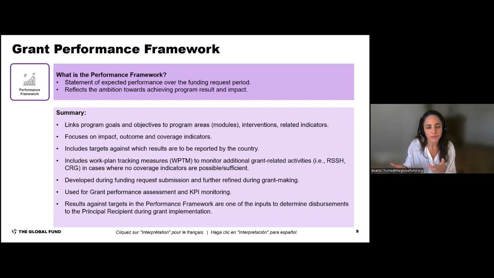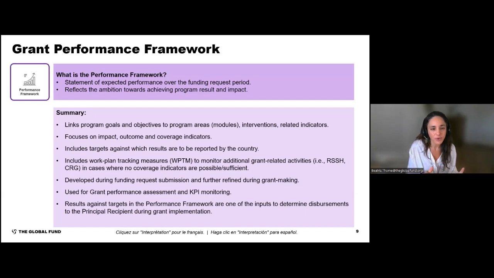But over time, we've seen them being used for other more disease-specific activities as well, in particular when there are no sufficient coverage indicators for us to monitor progress of the grant implementation. And the work plan tracking measures will have their own sheet in the Excel performance framework file.